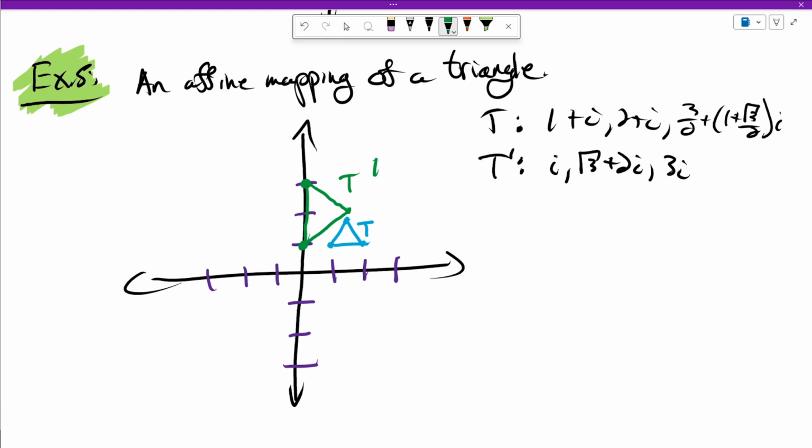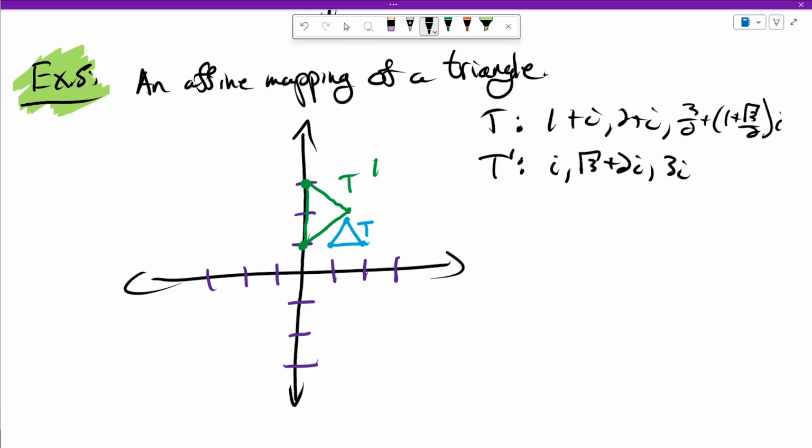One of the things that we can do to solve this problem is try to first normalize T. So we can kind of see here that one thing that we might want to do is rotate T by, I don't know, pi over 4, so that this side here is on the y-axis, and then once it's on the y-axis, we can try to stretch appropriately and whatnot.